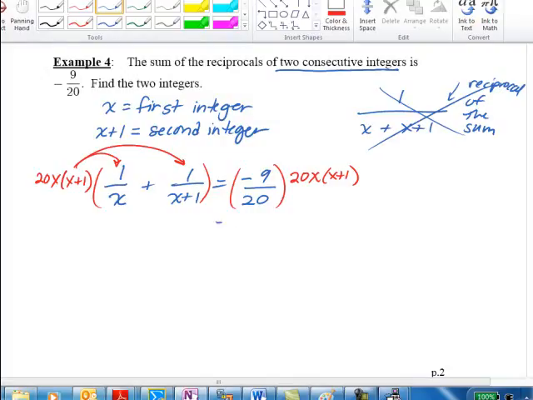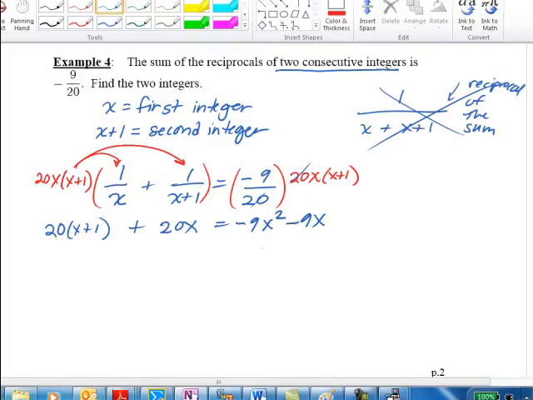So we'll have negative 9x squared minus 9x, so when I distribute over there. And on the right, in the first term here, the x's will cancel, so I'll have 20 times x plus 1, and then the second term, the x plus 1 will cancel, so I'll have 20x.